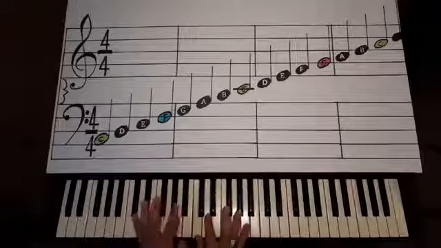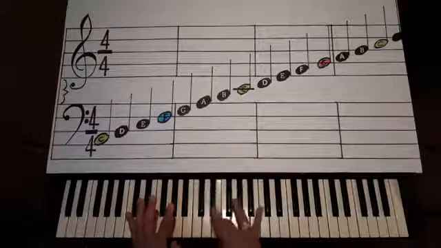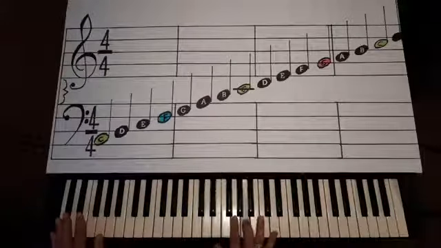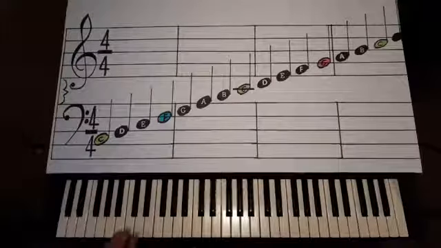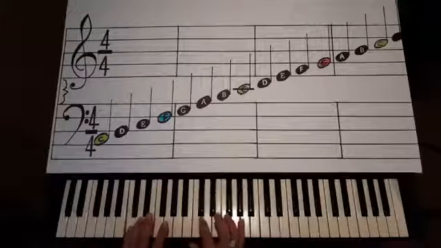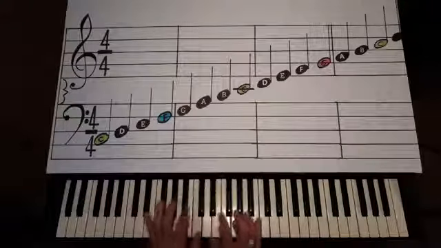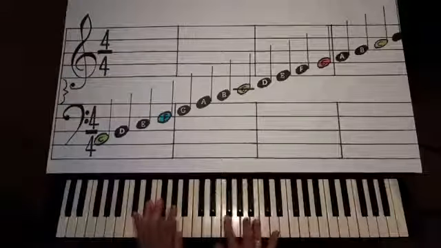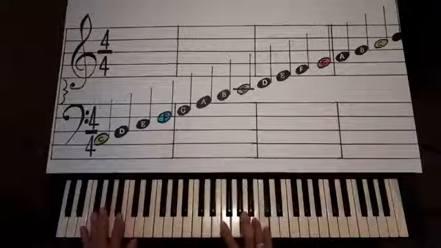So I can just go D, E, thumb under, F, G, A, B, C. Okay, I'm gonna do it without talking and see how that goes. Now I'm gonna run it down. Okay, C.